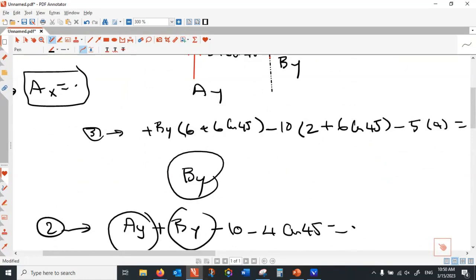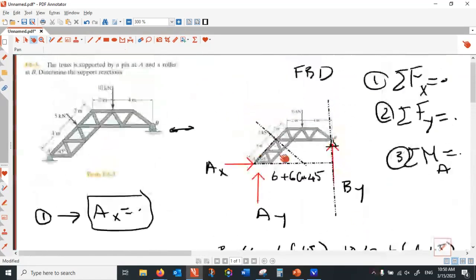Sorry? Cos 45. How did I get cos 45? So I need to resolve that into two components, right? Two angles which are mutually perpendicular are equal. So this angle, the side is perpendicular to this one, and that side is perpendicular to this one. So that angle is 45.